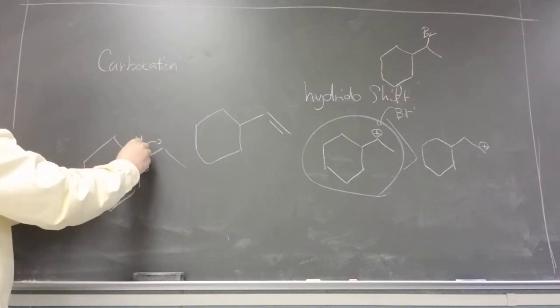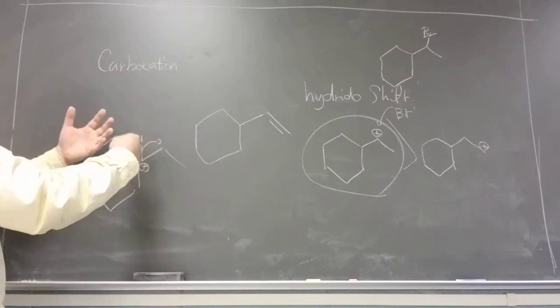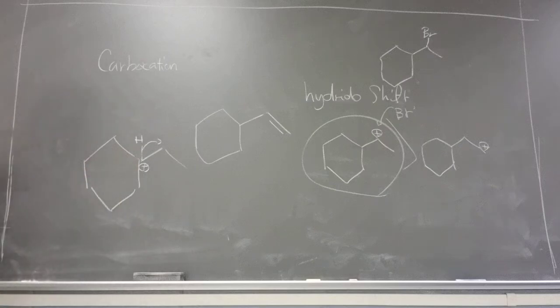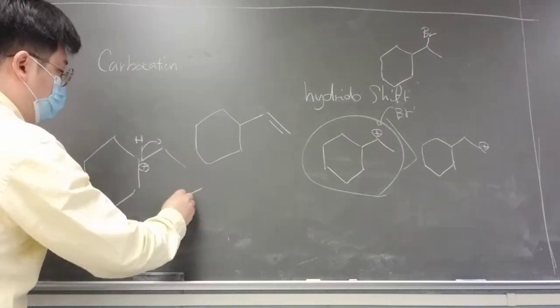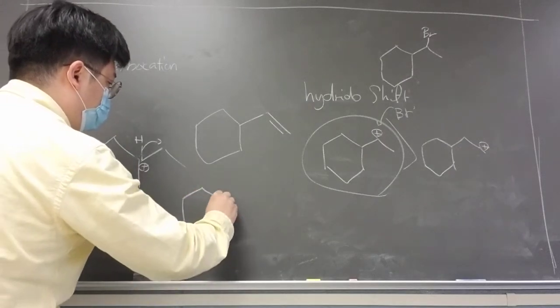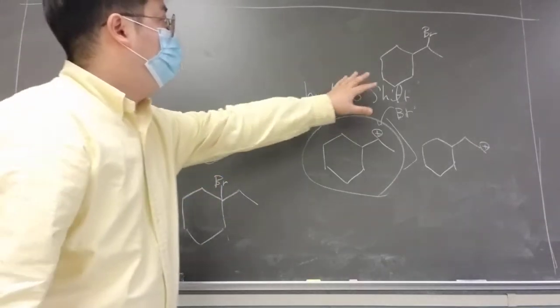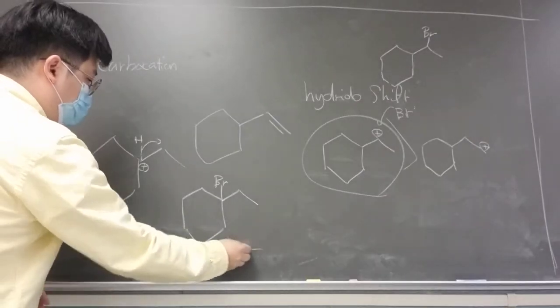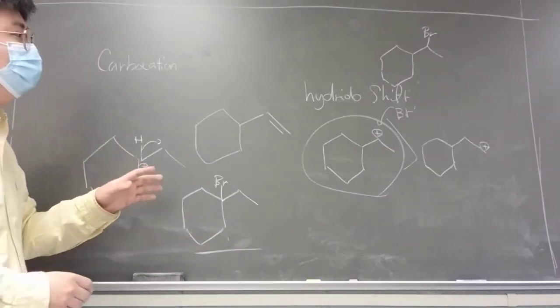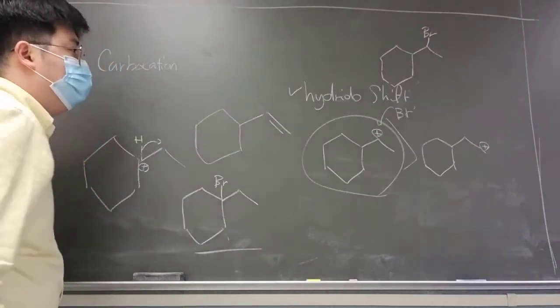So this is why they're doing the hydride shift, to make an even more stable carbocation there. And now, eventually, they can make this one, along with a little bit of this one, but this will be more of a product from this one. This is what we call a hydride shift.